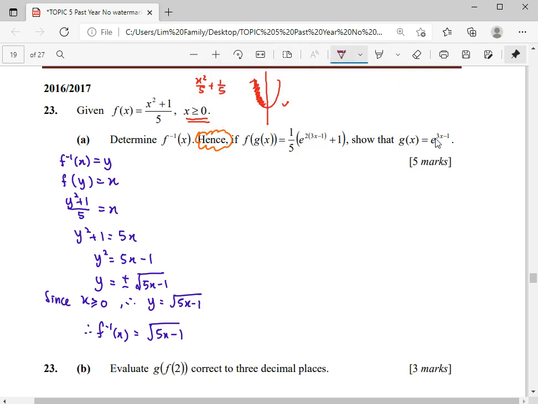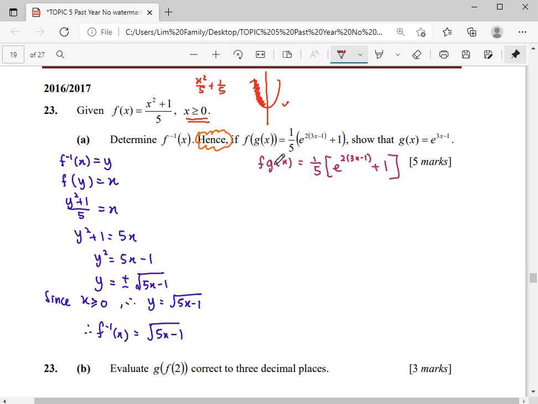Okay, so from the given information, fg(x) equals 1 over 5, and then e to the 3x minus 1 plus 1. So this is the given function. How do we do this? Because we want to find out g(x), we cannot use this answer. We have to show until this answer.